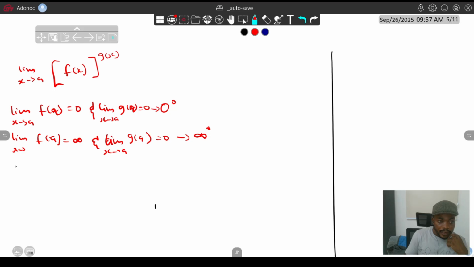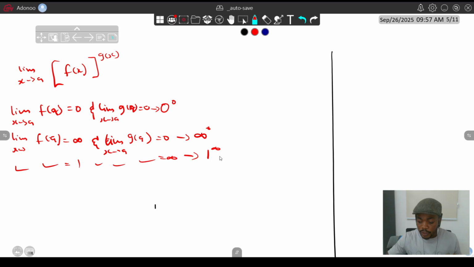And then if the limit of f of x approaches 1, and the limit of g of x approaches infinity, then we have the indeterminate form 1 raised to the power infinity, right? So usually what we do in this case is we use the natural logarithms to solve this problem. We will take a couple of examples and I'm sure it will be clear in a jiffy.